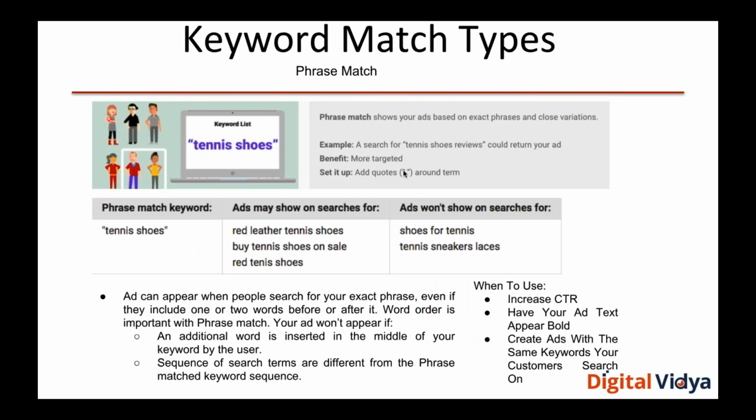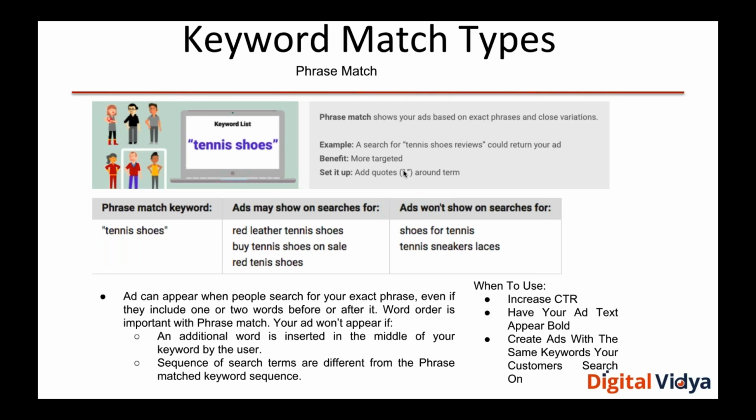In phrase match, the sequencing of the word is the most important factor. So if I have a keyword like tennis shoes and I put it within double inverted commas, it means I'm allowing the system to trigger my ads for any search query where tennis shoes is written in this order. So if, let's say, Abhijit writes buy tennis shoes, it can still trigger the ad potentially, or buy red tennis shoe.